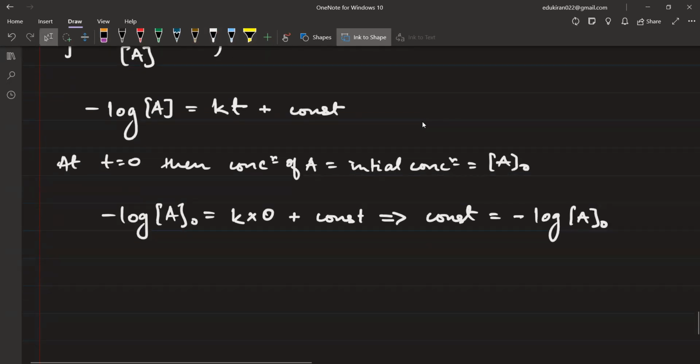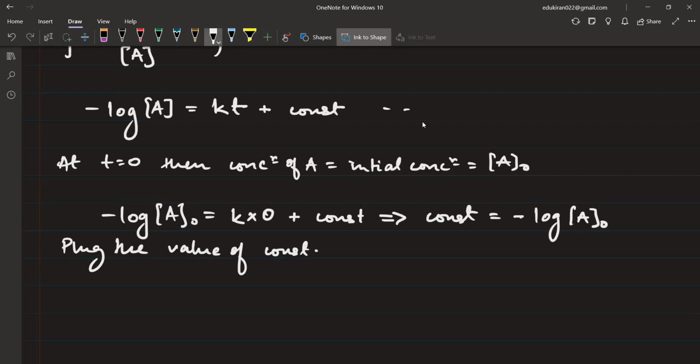Now what will we do? We will plug in the value of the constant into this equation. So what will we get? We'll get minus log of A is equal to kt, and the constant is minus log of A naught.